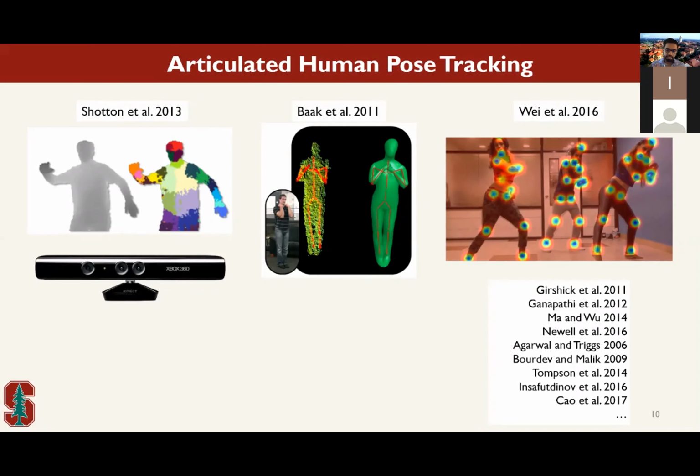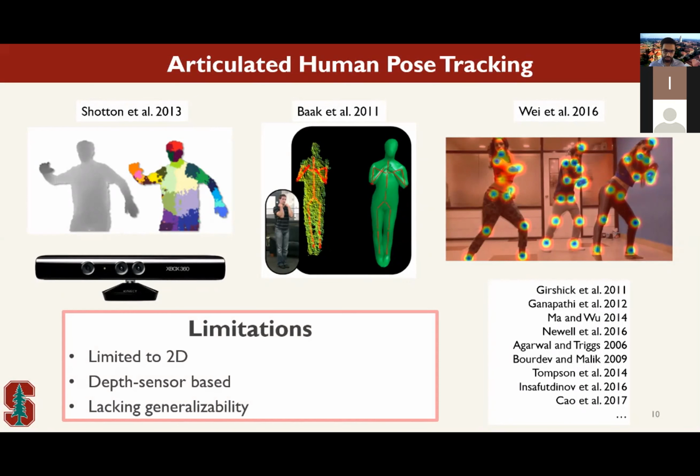However, these approaches do have some limitations. Many of these approaches are limited to 2D. So they have a very good understanding of where a person is on an image, but not quite in the 3D world. And as I said, understanding humans in the 3D world is quite important. Many of them are depth sensor based, for example, the Kinect. And depth sensors are not exactly commodity hardware.